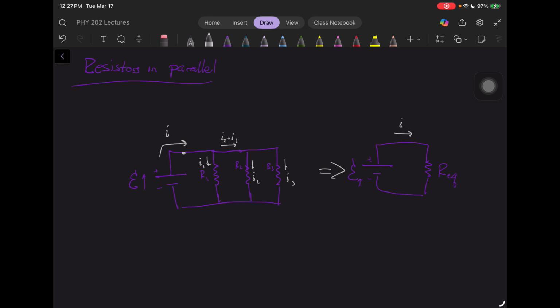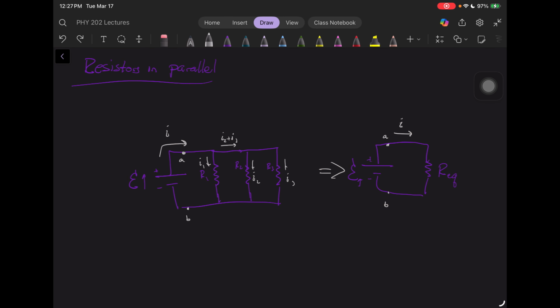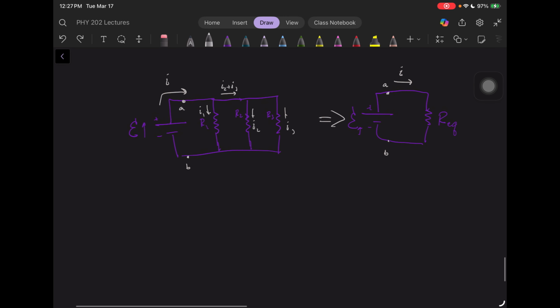If we want, we can also have our point A and point B, for checks. A and B is across the battery, and the whole other circuit is on one side. It just helps to make sure your equivalent circuit is equivalent, but it's not entirely necessary.